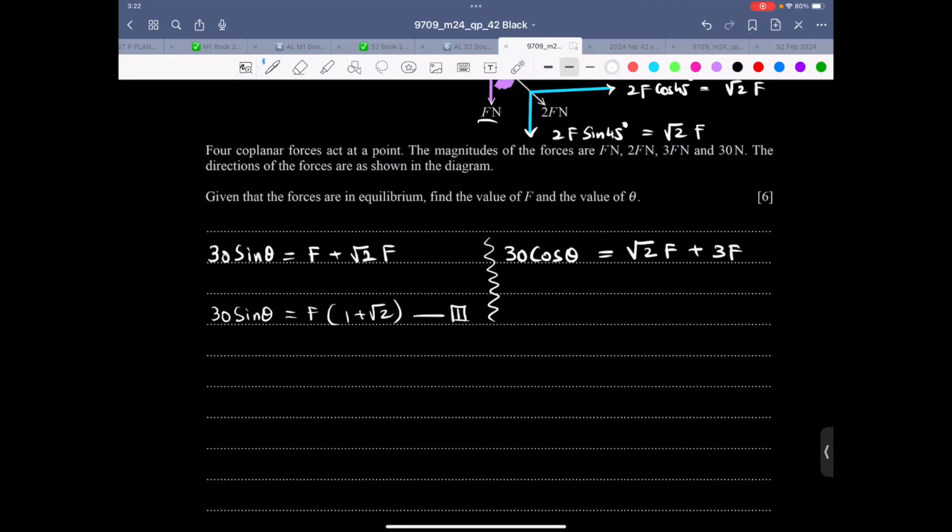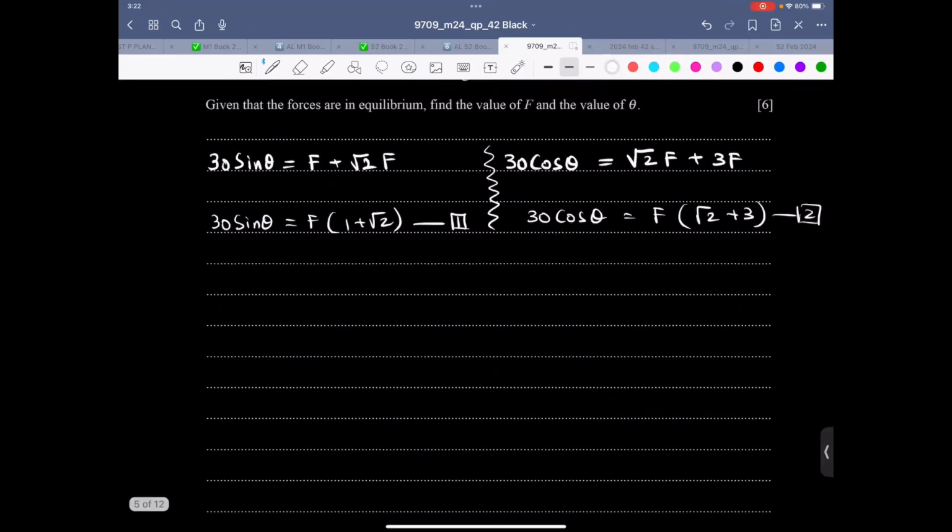And over here, 30 cosine theta is equal to F (root 2 + 3). This is equation 2. So we know that sine over cos is tangent.